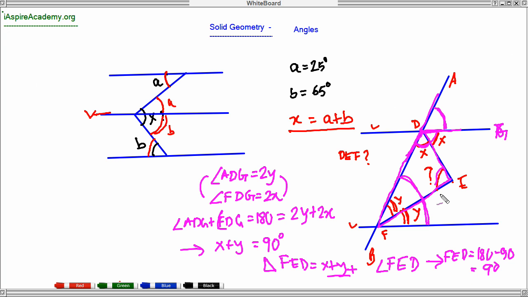So FED is really 90 degrees, so that triangle is a right angle triangle. Even though on the face this problem looks a little complicated, once you start breaking it apart and apply the formulas related to parallel lines, things begin to fall into pieces so that you can ultimately resolve the problem.